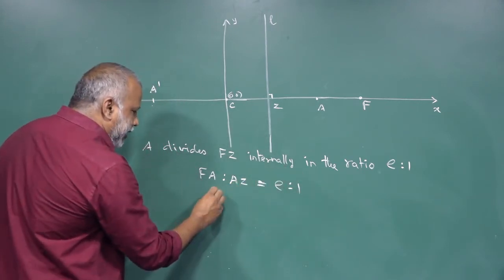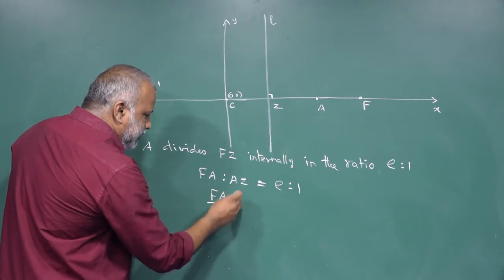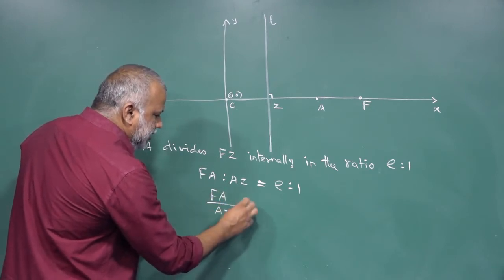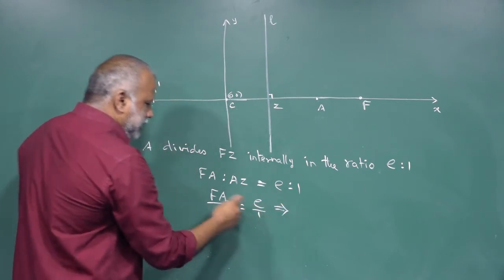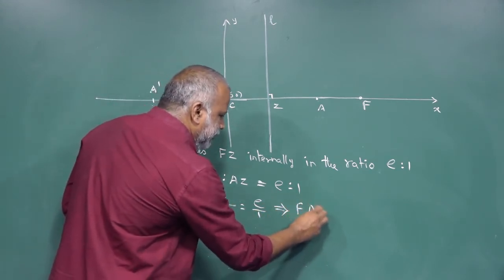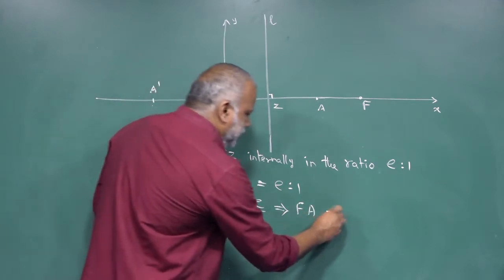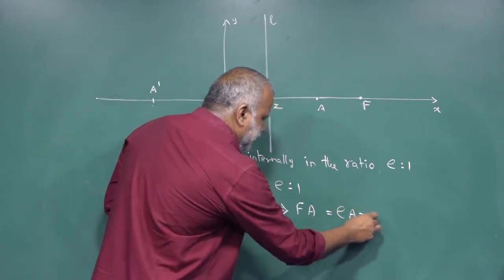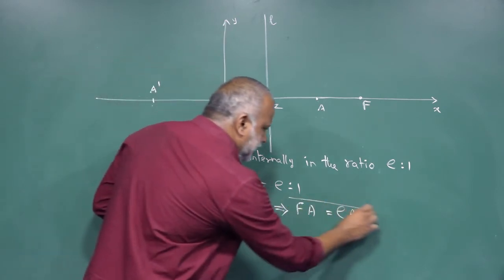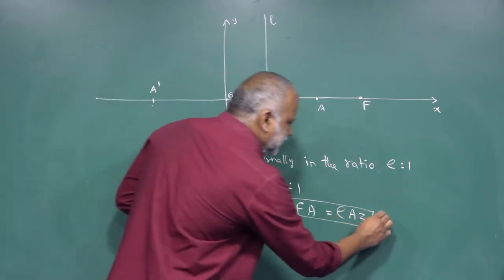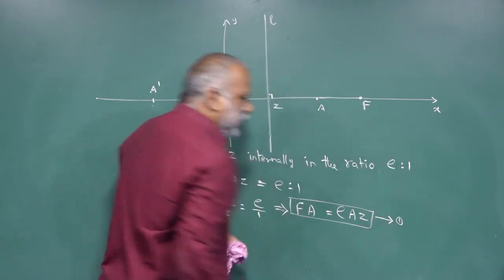This ratio can be considered as the division, FA divided by AZ equal to e by 1. So cross multiplying, FA equal to e times AZ. Say this is equation number 1.